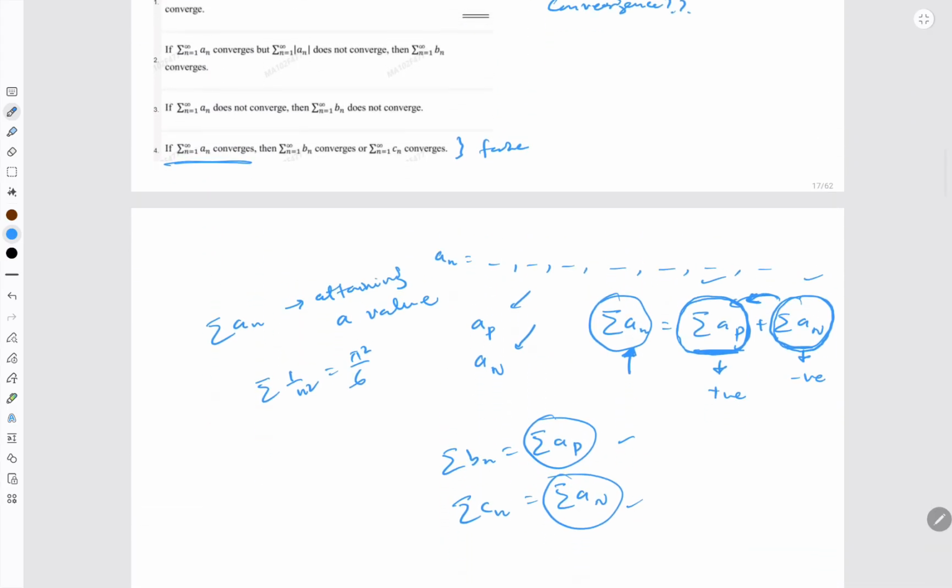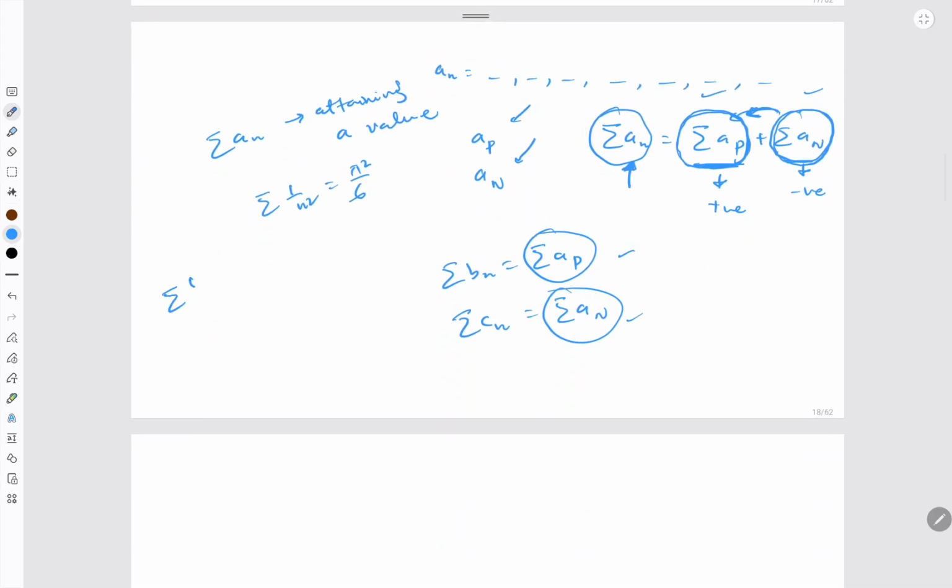Okay, if you have not understood this, we know that sigma 1 over n is divergent. From the P test of convergence of series we know this, right? But sigma of minus 1 raised to the power n by n is convergent. How did this magic happen?